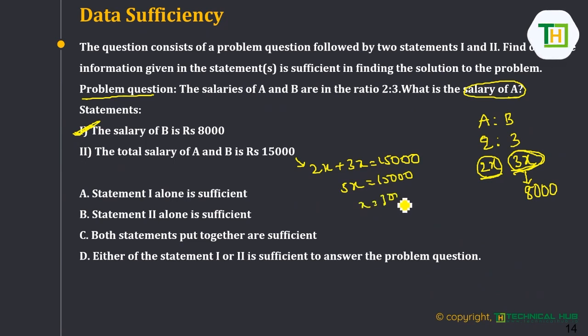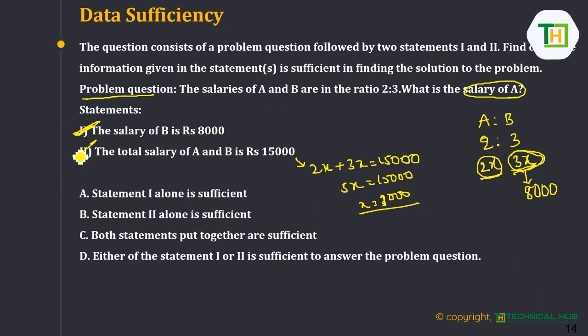X is equal to 3,000. I got the value of x. Can I find the value of 2x or not? Yes. Even when I use statement 2 alone, I can find the salary of A. So 1 alone is sufficient and 2 alone is also sufficient.